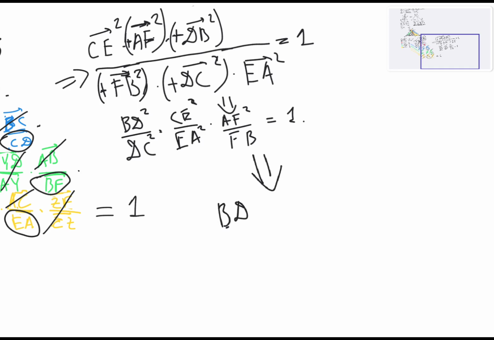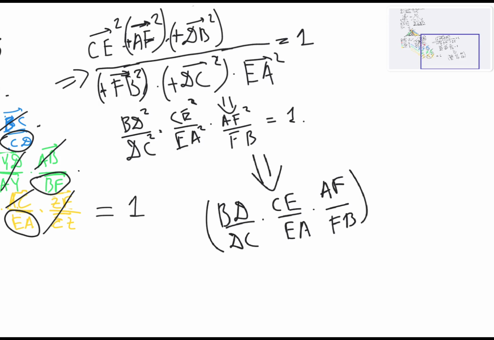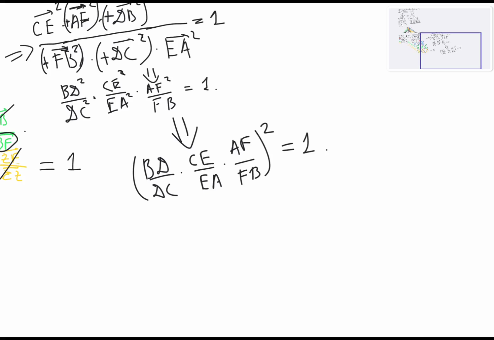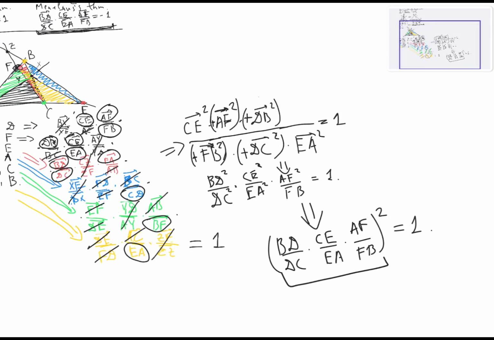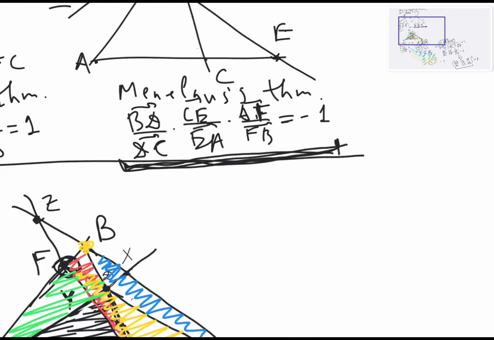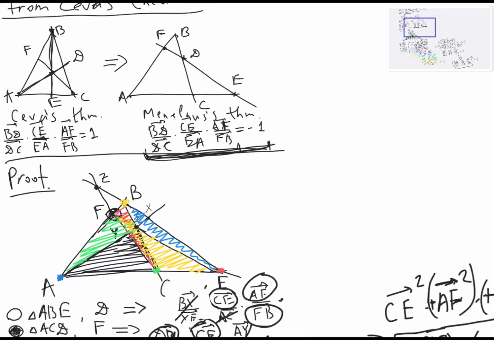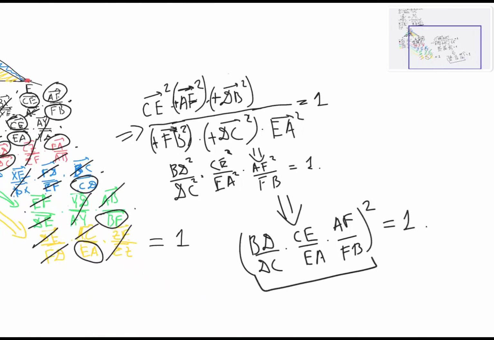And now this is simply BD over DC, CE over EA, AF over FB, squared is equal to 1, and this is almost what we need. So this product is exactly the product that we need here for the Menelaus theorem. And the problem is that we don't have the sign, that it's minus 1 and not 1.